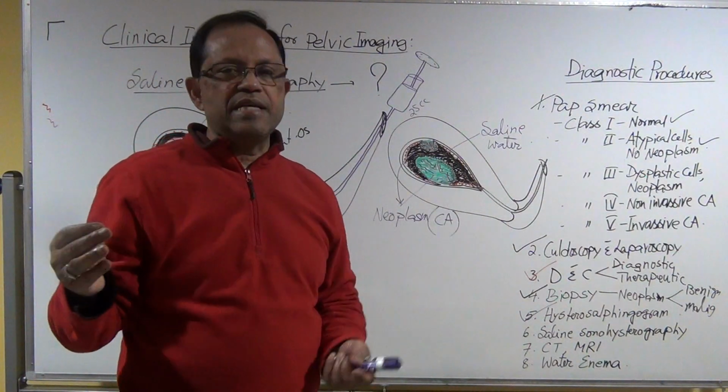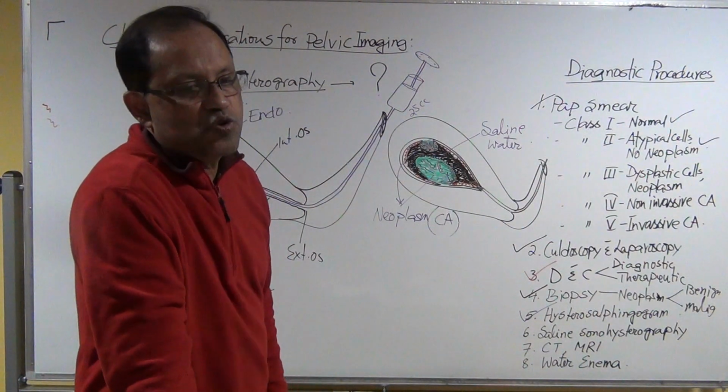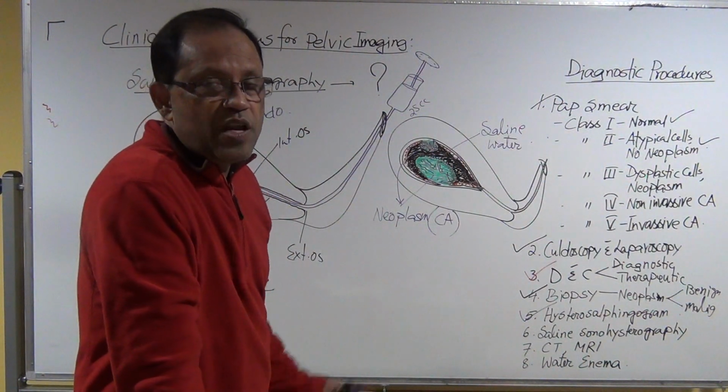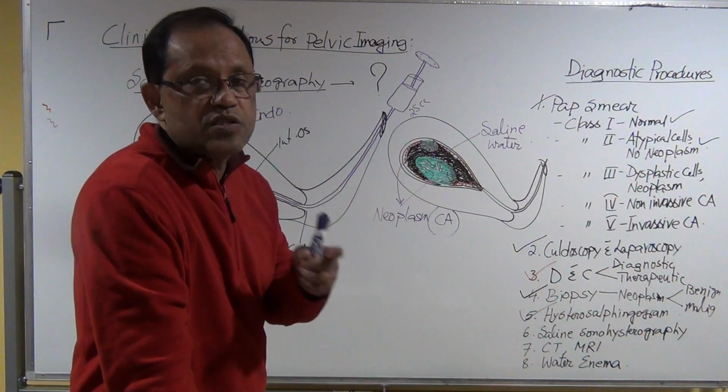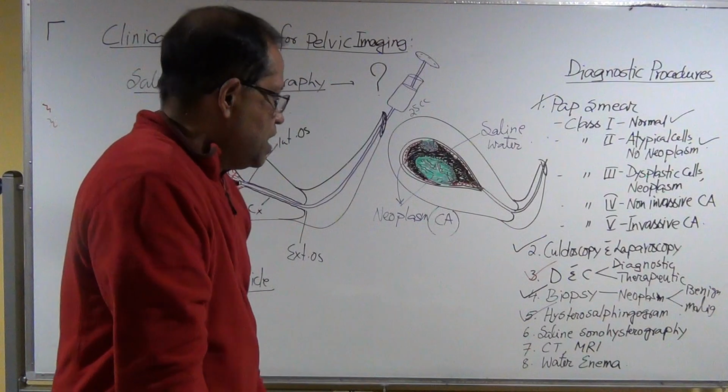They will try as much as they can to remove the polyp, because that polyp can obstruct the menstrual flow. That polyp in the cervical canal can cause infertility. Okay, so this is important, you have to remember.